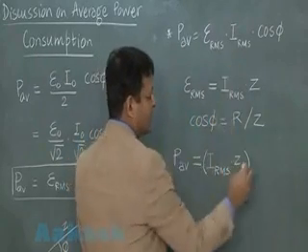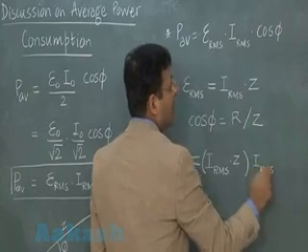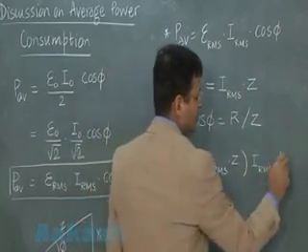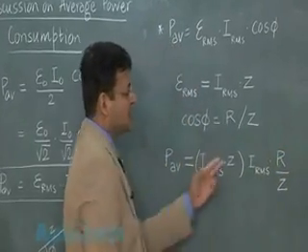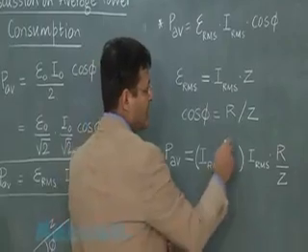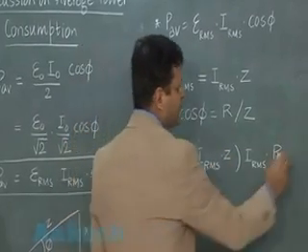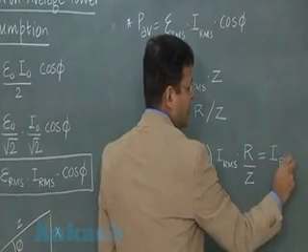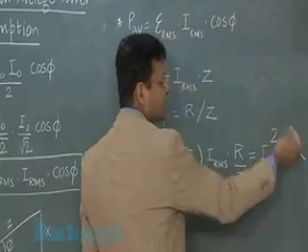Then the next term you have is IRMS, and this cos phi I am writing as R upon Z. And here you can see this Z will be cancelling the Z in the denominator, and finally you will have an expression like power average is equal to RMS current square into R.